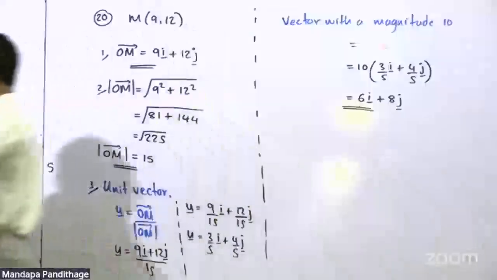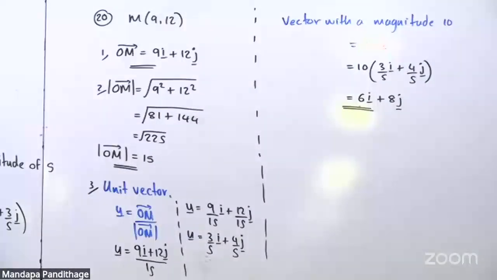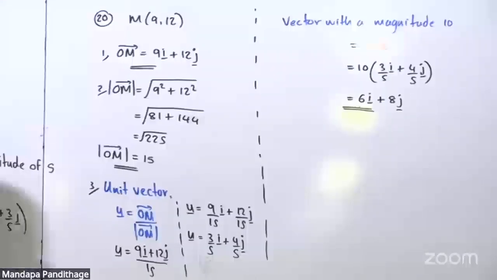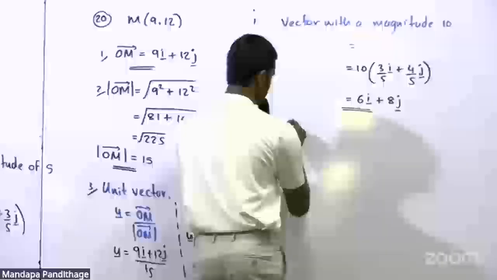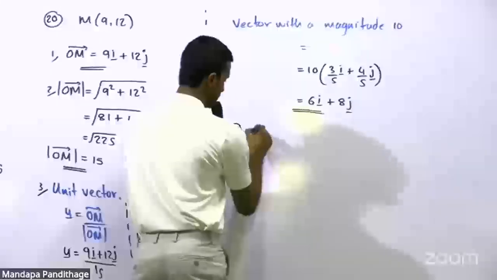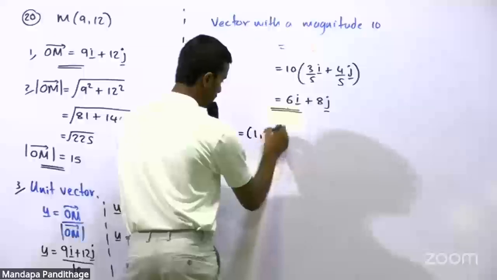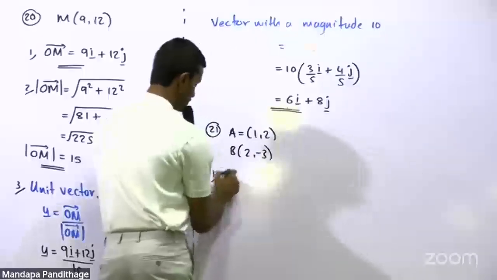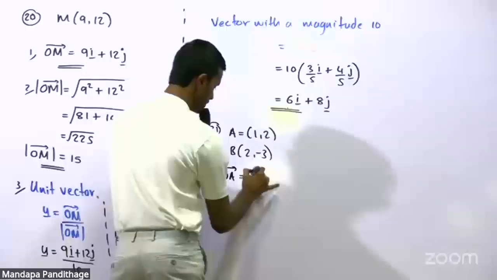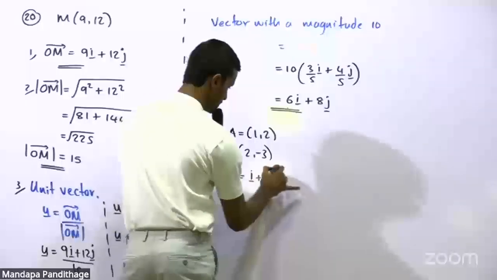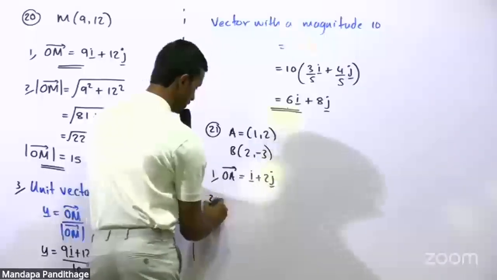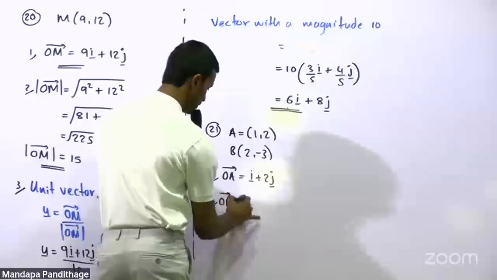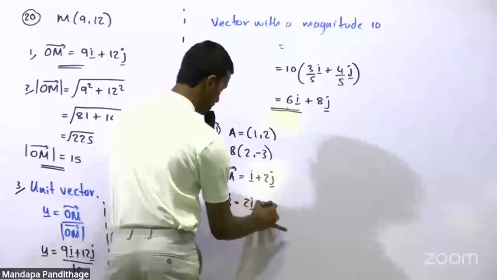Okay, so we have the two coordinates A and B given, 1, 2 and 2, minus 3. Question number 21. A is 1, 2, and B is 2, minus 3. First find OA, it's vector i plus 2j, and OB, it's vector 2i minus 3j.